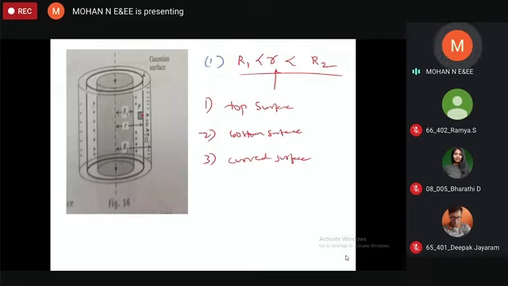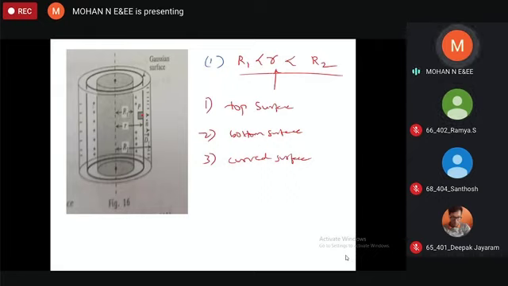There are three surfaces of the Gaussian surface: top surface, bottom surface, and curved surface. Flux can pass through the top surface and bottom surface? No, the flux passes through the curved surface.